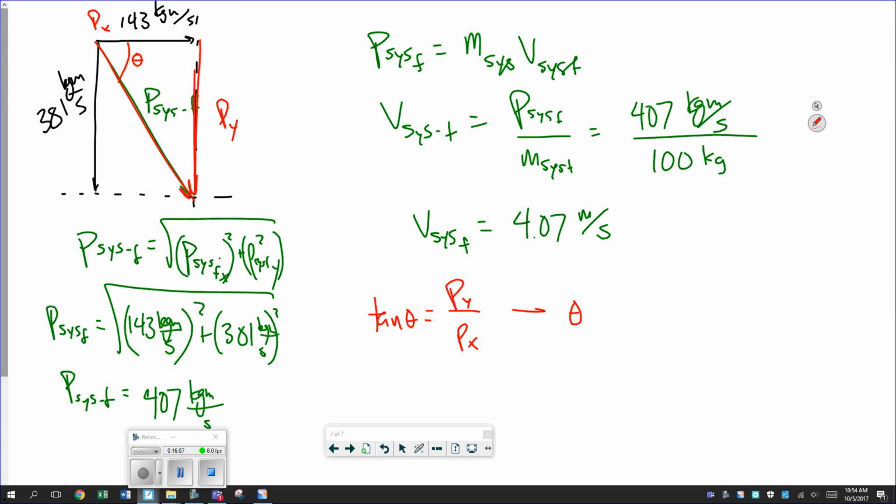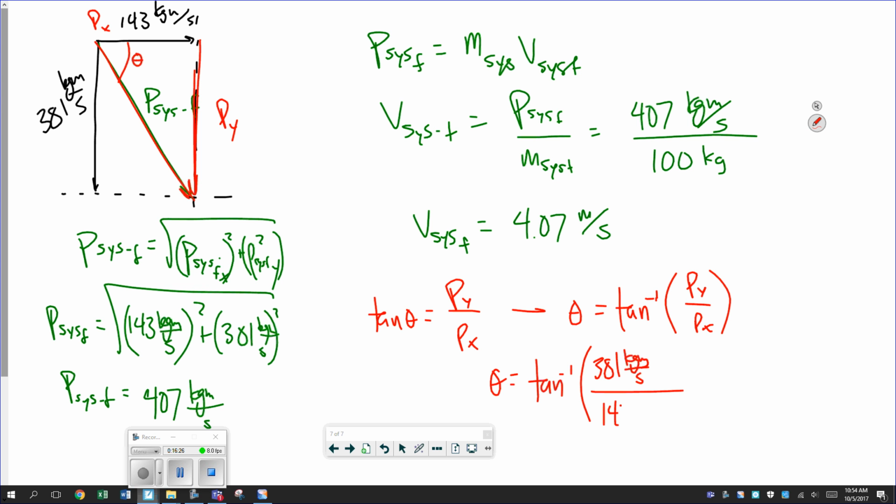Therefore, theta is the inverse tangent of Py over Px, or the inverse tangent of 381 kilogram meter per second over 143 kilogram meter per second. And so therefore theta is 69 degrees. That angle that we've shown up here, 69 degrees.